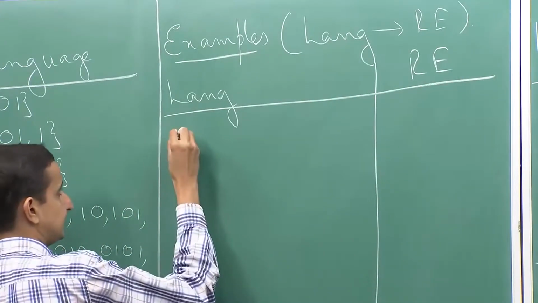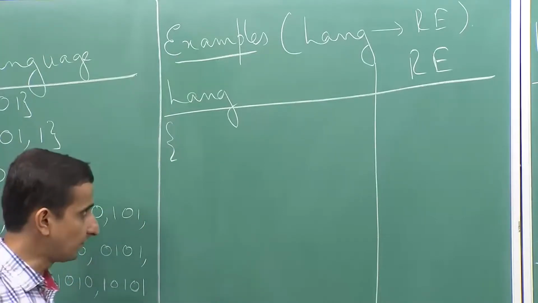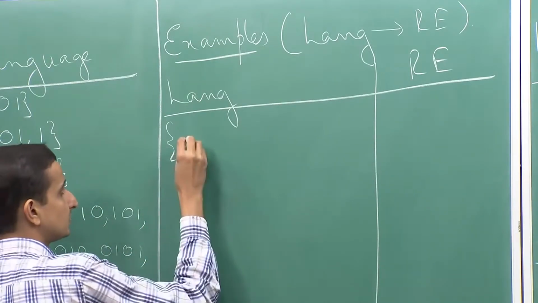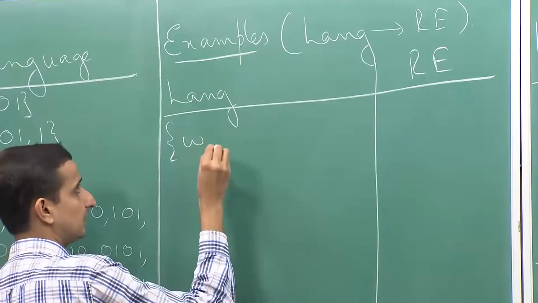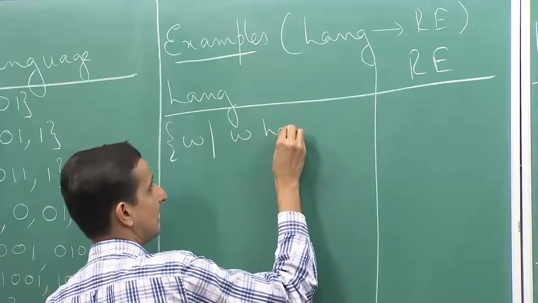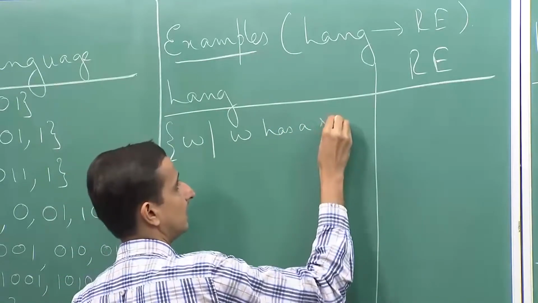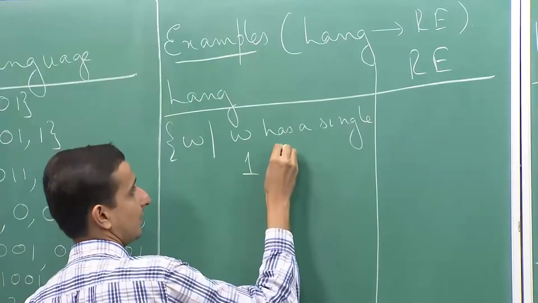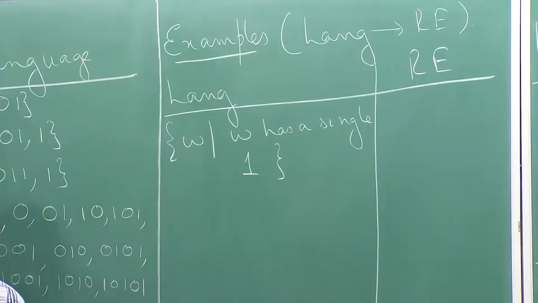Okay. So, let us say we have a language. All our languages will be strings over 0 1. So, suppose we have a language consisting of strings W, such that W has a single 1. Okay. What is the regular expression corresponding to this?